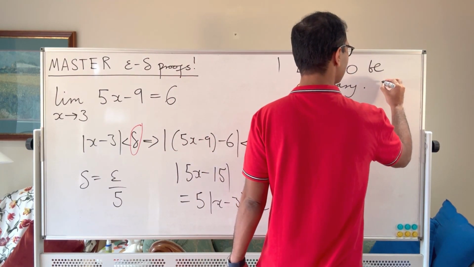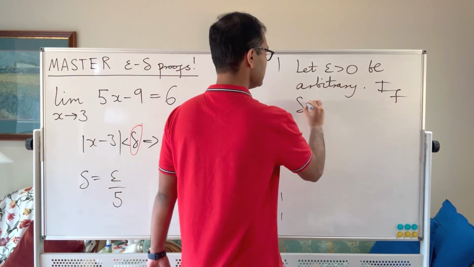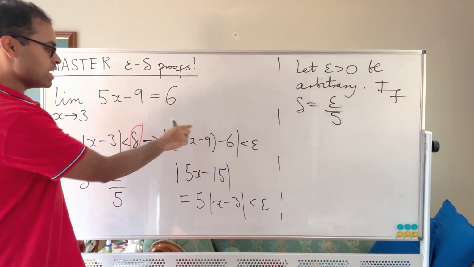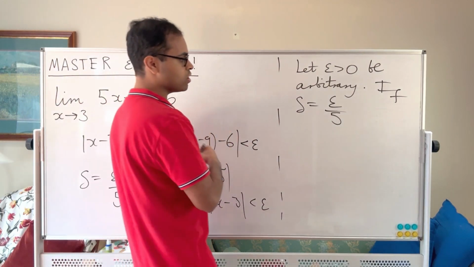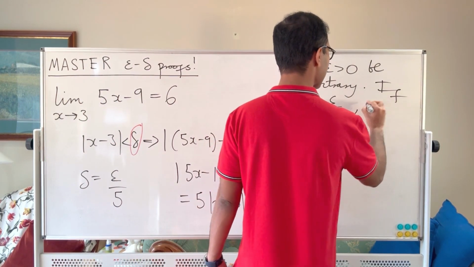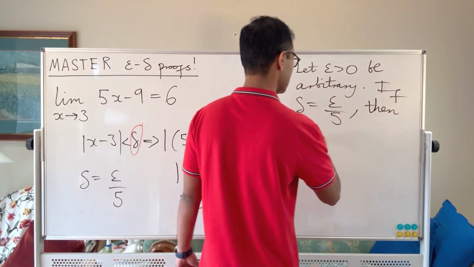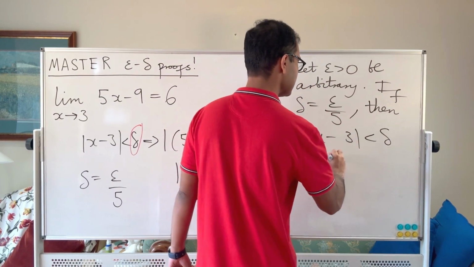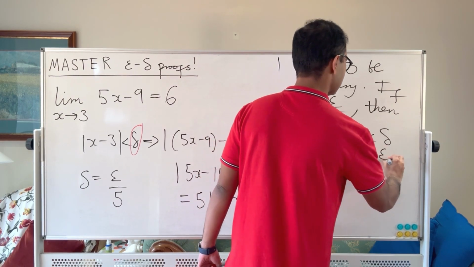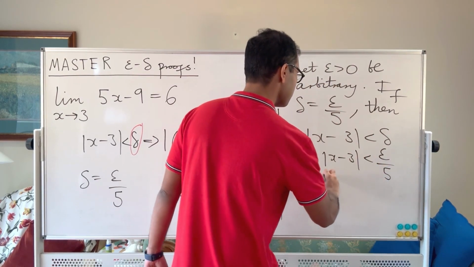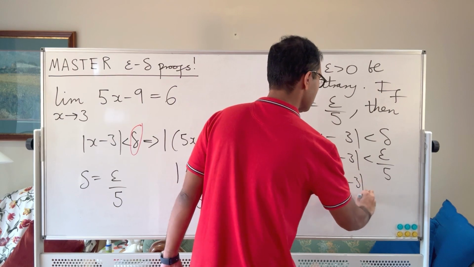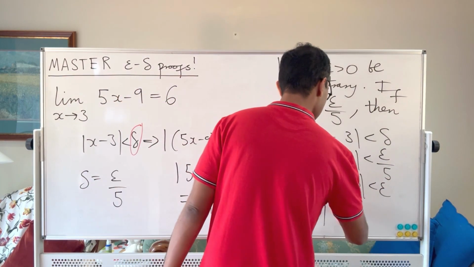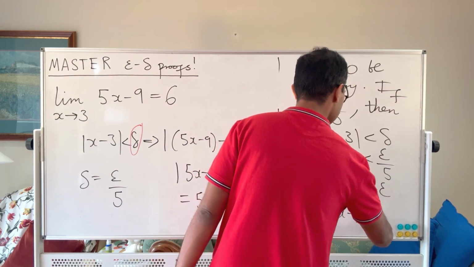Now we say that if delta is equal to epsilon over 5, so if the absolute value of x minus 3 is less than delta, then this is going to be less than epsilon. So how the proof goes is, if delta is equal to epsilon over 5, then the absolute value of x minus 3 less than delta implies that the absolute value of x minus 3 is less than epsilon over 5, which implies that 5 times the absolute value of x minus 3 is less than epsilon, which finally implies that the absolute value of 5x minus 15 is less than epsilon.